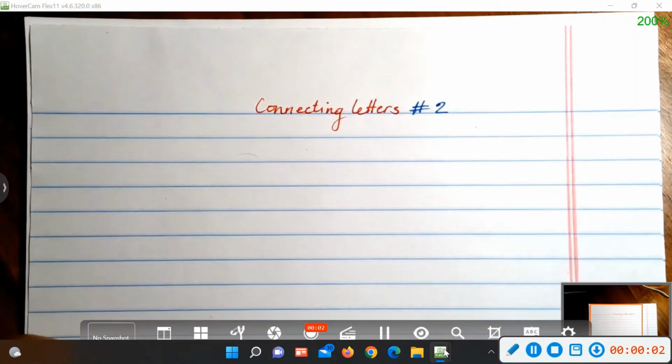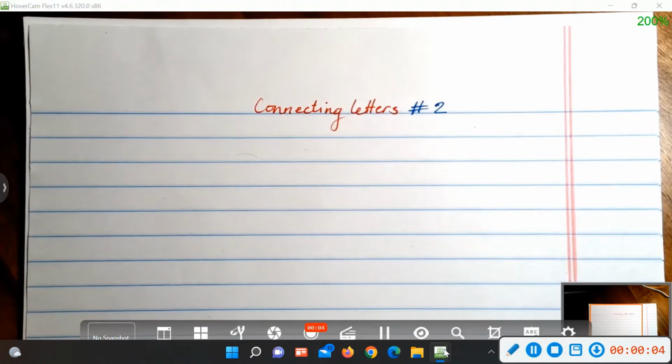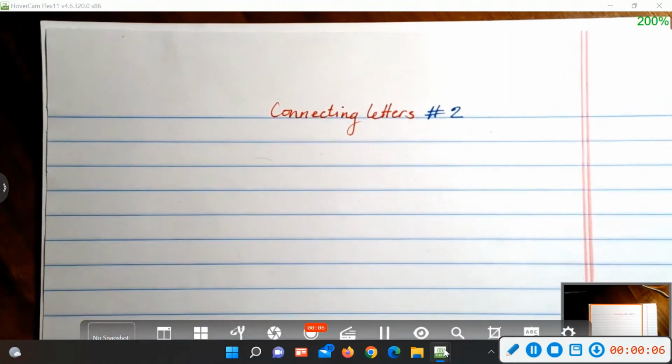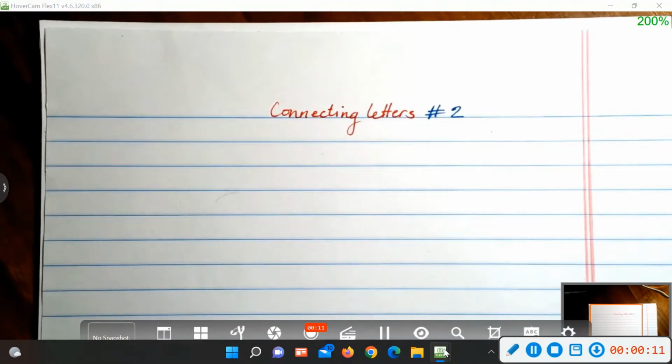Connecting letters, and this is lesson number 2. In the previous lesson, we connected alif, ba, ta, tha, noon, and ya.